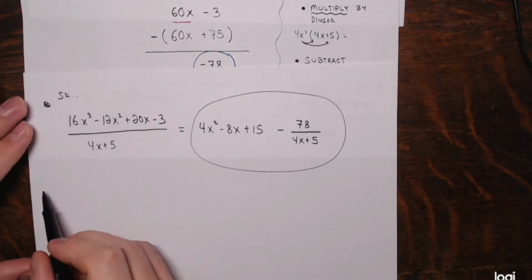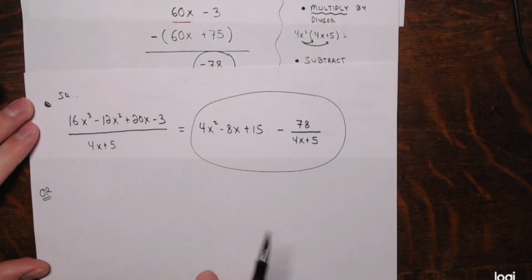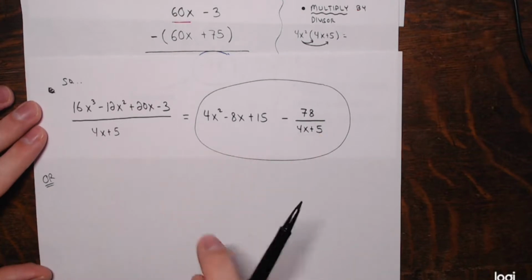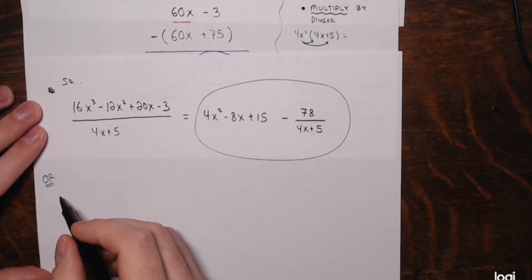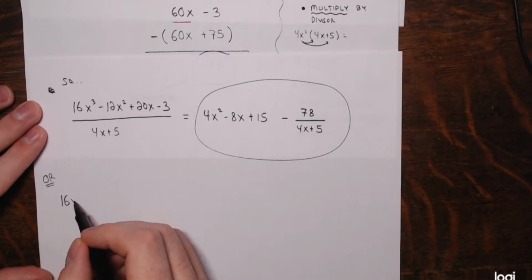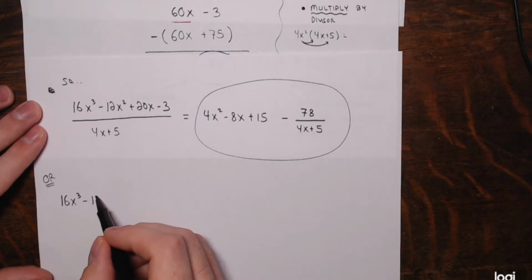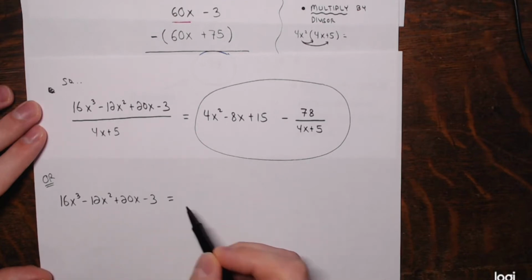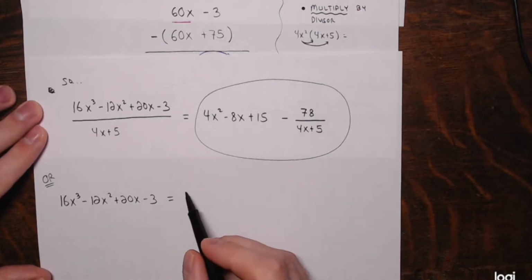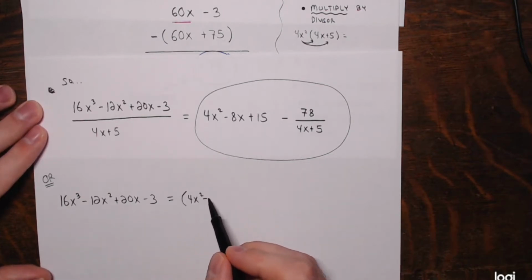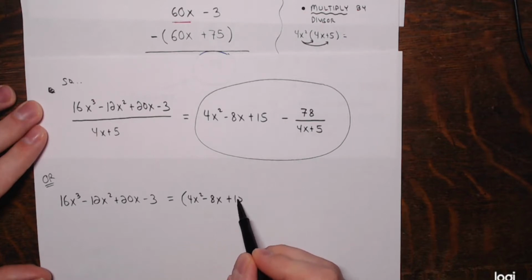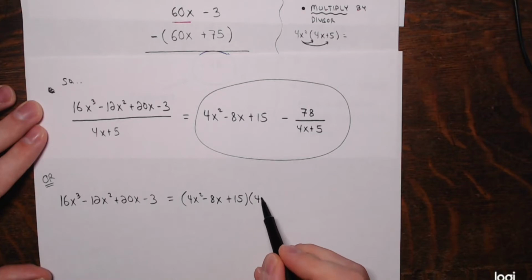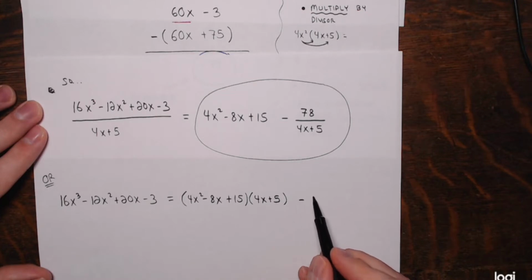Or, and this is the one I'll actually use to check, if I multiplied both sides here by 4x plus 5, we'd have the following. The dividend, 16x cubed minus 12x squared plus 20x minus 3, should be equal to the quotient times the divisor, 4x squared minus 8x plus 15 times 4x plus 5, both in parentheses, quotient times divisor, plus remainder, just minus 78 or plus negative 78.